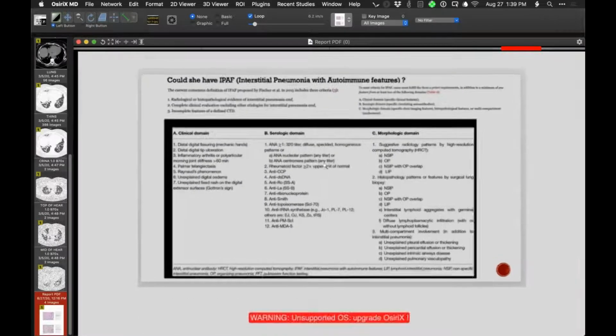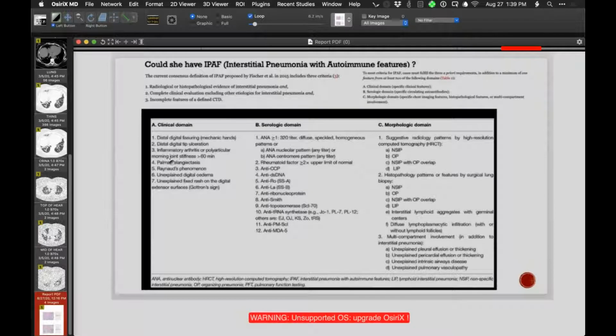She really does have inflammatory arthritis. She didn't have a rash at the time they saw her, but in the clinical domain we have a positive ANA, so we have something from the serologic domain. And of course, we have both imaging and histologic findings from the morphologic domain. So we pretty much have everything that fits into this provisional category of IPAF, as you can see here.